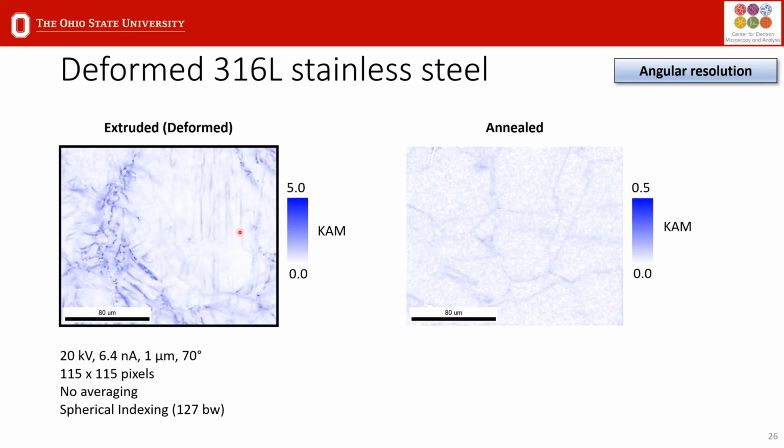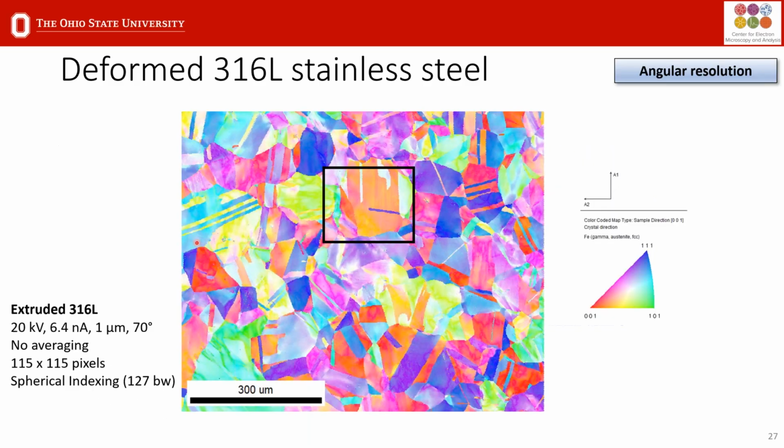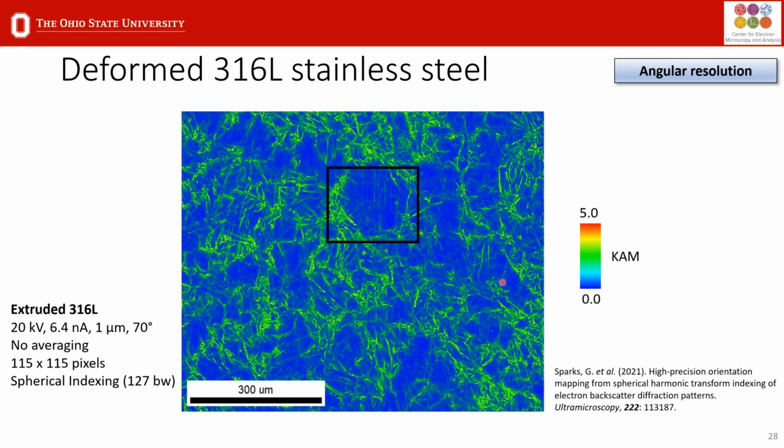If we change the color scale, this is sometimes a little bit easier to see. We can see these nice slip traces in this particular grain. And then we can expand it, not looking at only that one area, but we can scan large areas and then perform the dislocation analysis. Now, from this map, we can calculate the geometrically necessary dislocations as well.